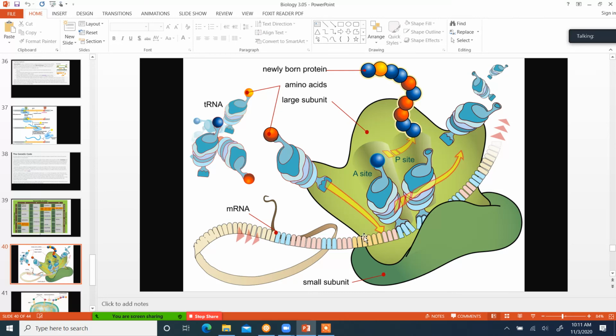And so every time the mRNA goes through a little bit, you see these transfer RNAs kind of floating around? One of them is going to recognize, hey, that's my sequence. I'm going to go over there and put my amino acid in its place. Does that kind of make sense? Yeah. So every three, right? So you have 3 amino acids. So transfer RNAs are coming in and out.